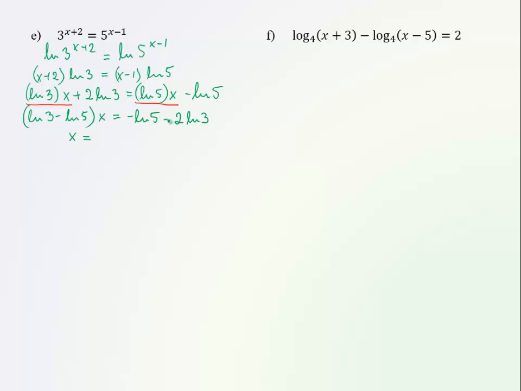We can, for example, pull the minus out of the bracket and then bring the 2 as an exponent for 3 inside the ln. So we have ln 5 plus ln 3 squared, it's 9, over this bracket ln 3 minus ln 5.